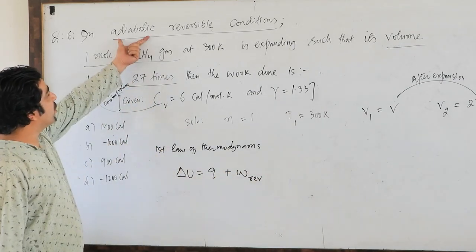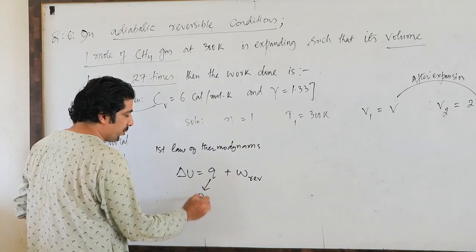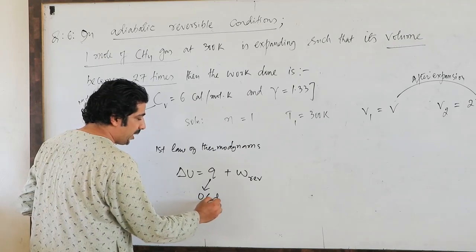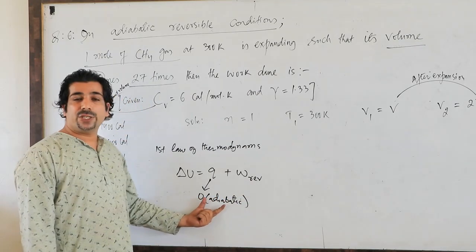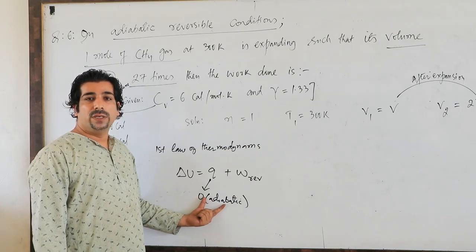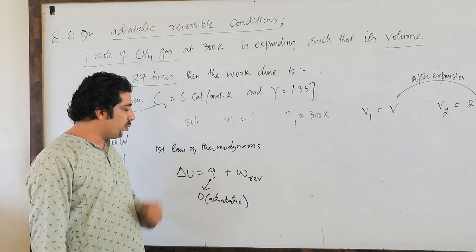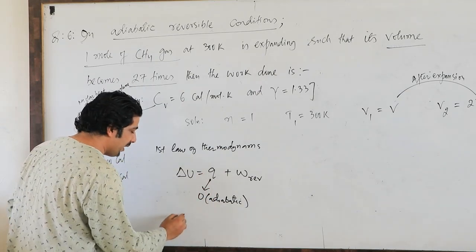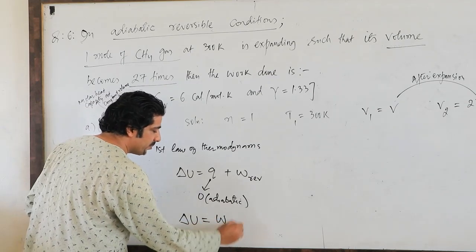And the condition is adiabatic, so Q will be equal to 0. In adiabatic condition, heat will not flow from system to surroundings or surroundings to system. So Q will become equal to 0. So finally we will have delta U is equal to work reversible.